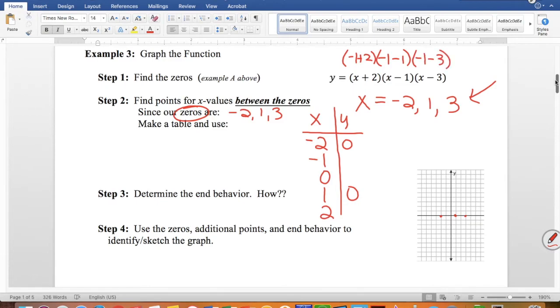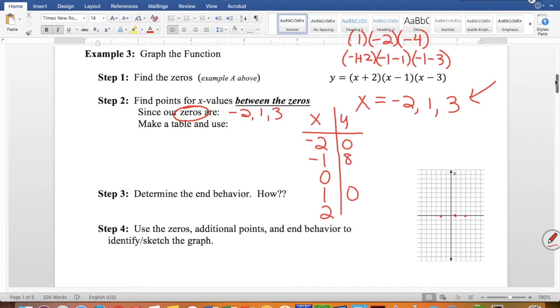I can substitute it in for x, solve each parenthesis, and then multiply those 3 numbers together. So negative 1 plus 2 is 1, negative 1 minus 1 is negative 2, and negative 1 minus 3 is negative 4. Now I multiply those 3 numbers together, and negative 2 times negative 4 is positive 8.